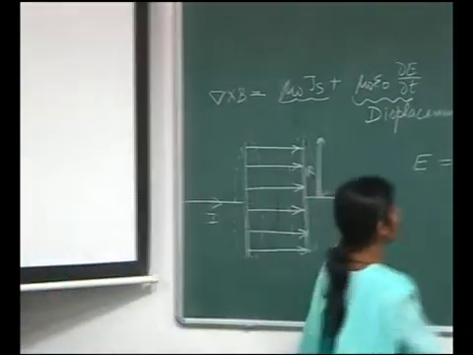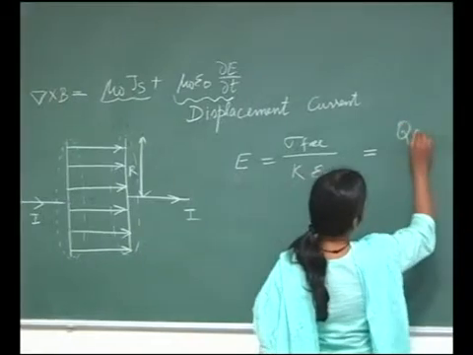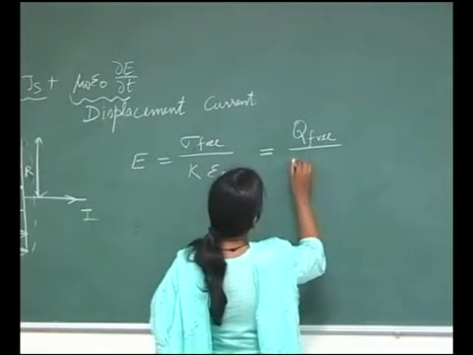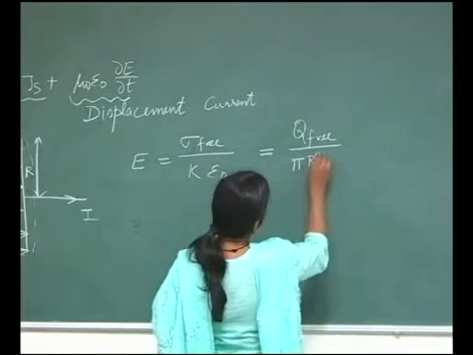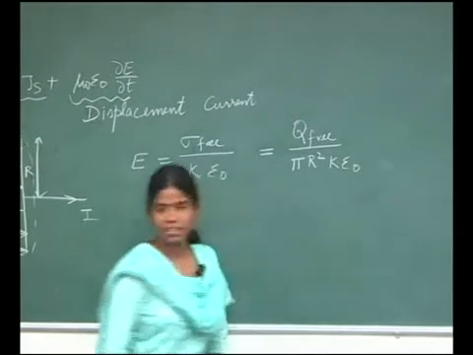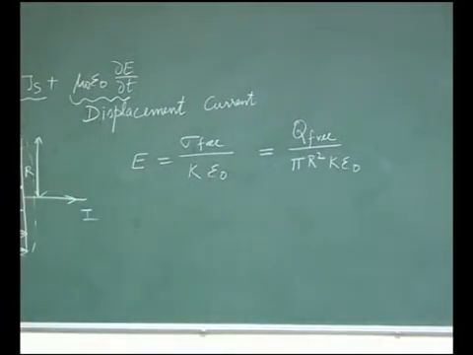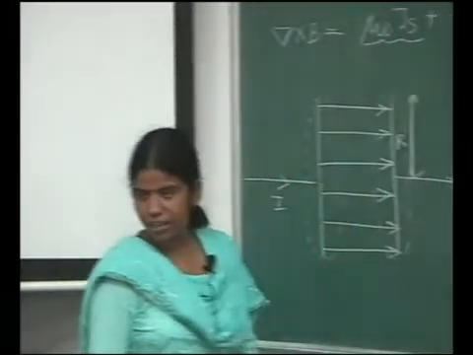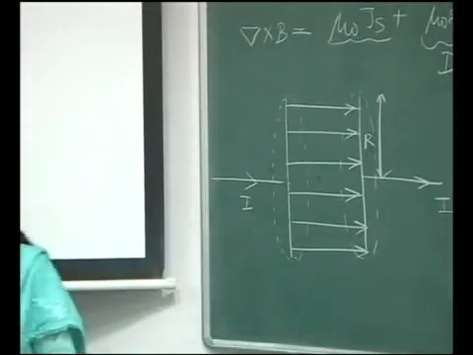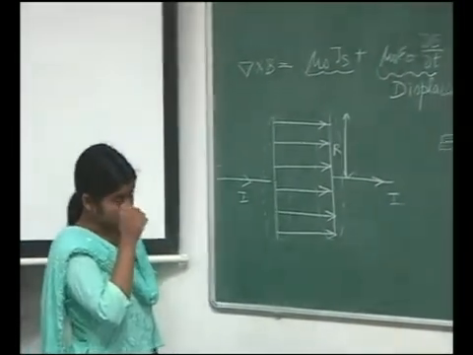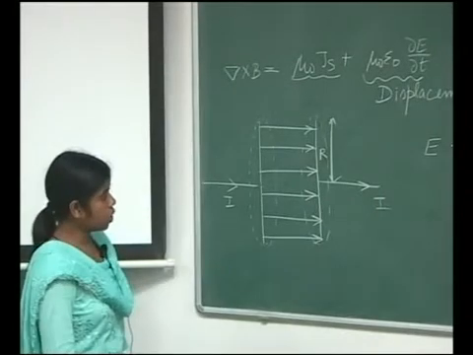So, I can write that E is equal to q free divided by pi capital R square into k into epsilon naught, where k is the dielectric constant of the medium inside. If we have air, k is 1. If we have something else, then it will take the dielectric constant of that particular dielectric material. Okay.